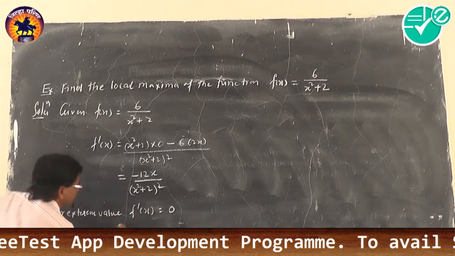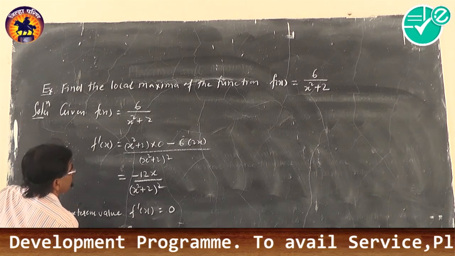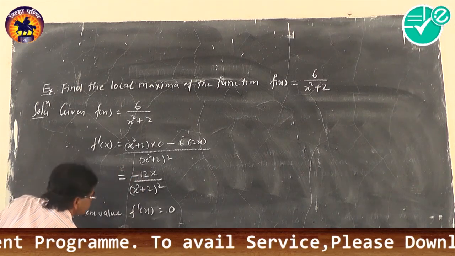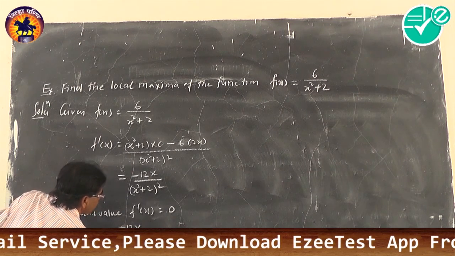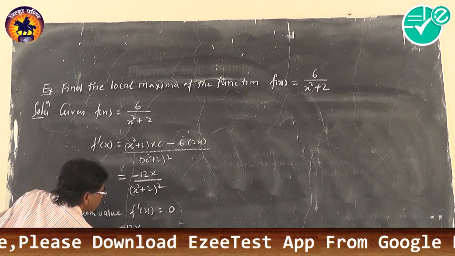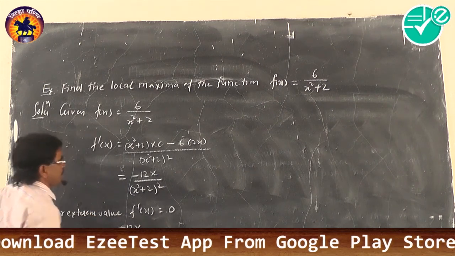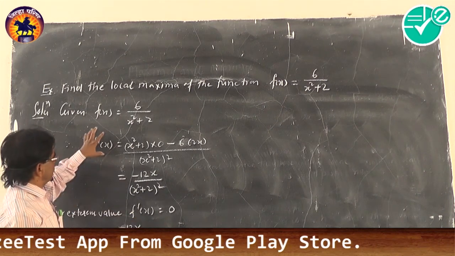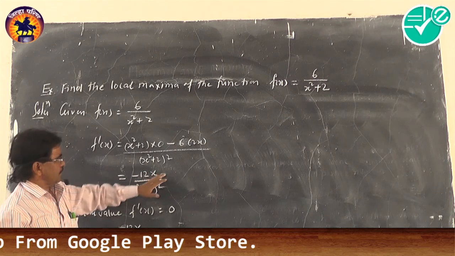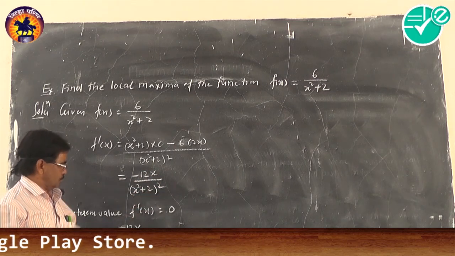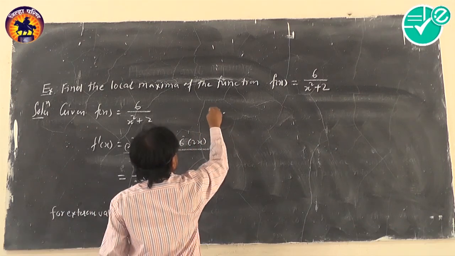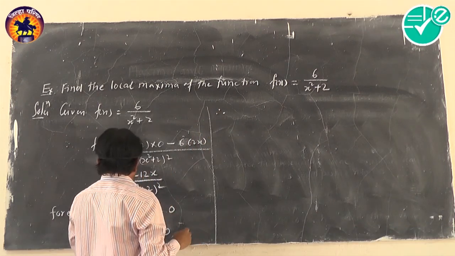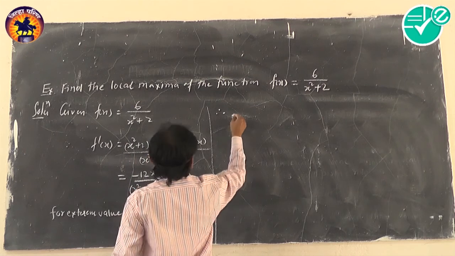Therefore we can write here, minus 12x upon x square plus 2 whole square is equal to 0. Now here we get, therefore minus 12x is equal to 0.